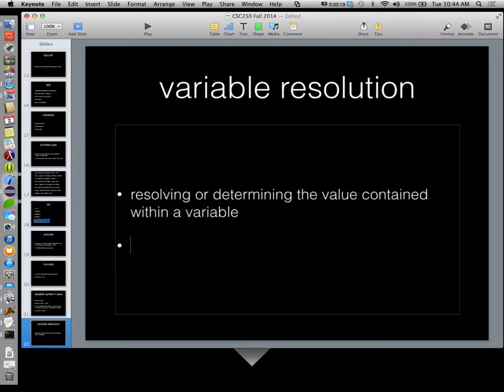So variable resolution deals with taking a variable name and resolving it to its actual value stored there. Now in computers, where are those values stored? It's stored in your 32 gigabytes of RAM. Okay, in the wasteland of memory, mostly unused out there. It's like Lord of the Rings.